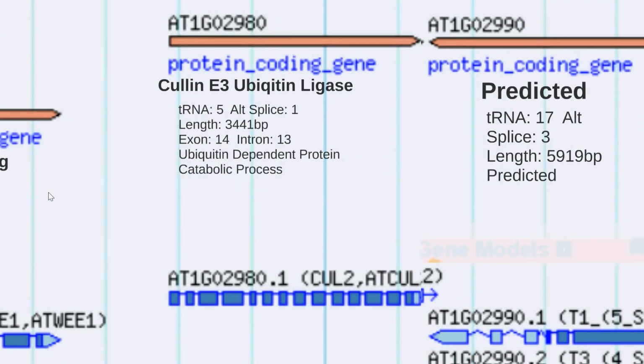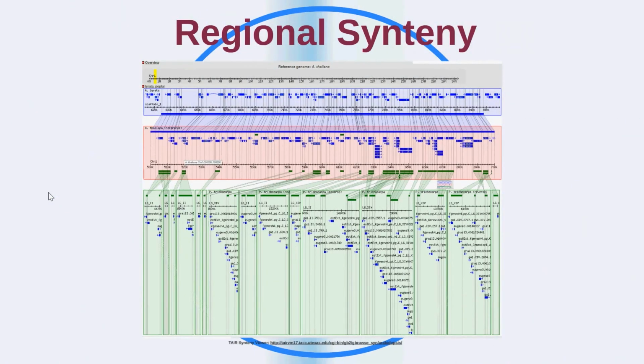This graphic shows the areas of synteny in our region of the Arabidopsis Thaliana Chromosome 1. You can see that the genes in Arabidopsis Thaliana are almost perfectly syntenic with Arabidopsis lyrata, although the genome for lyrata seems to be a little bit more compact, but the gene order is conserved.